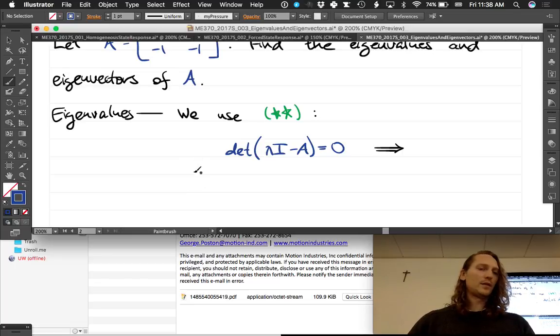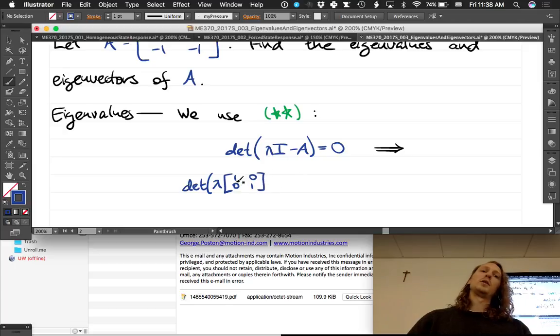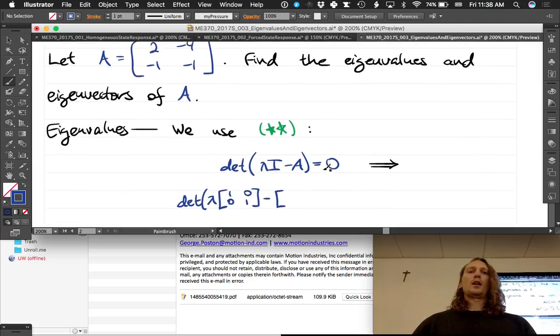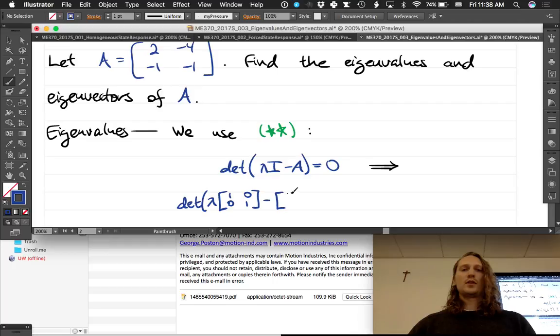So this is equivalent to the determinant of lambda I, which is the scalar lambda times the identity matrix, which is 1, 0, 0, 1 in the 2 by 2 case, and it has to match up with this A matrix. That's why we chose 2 by 2. And the A matrix is 2, negative 4, negative 1, negative 1, right?